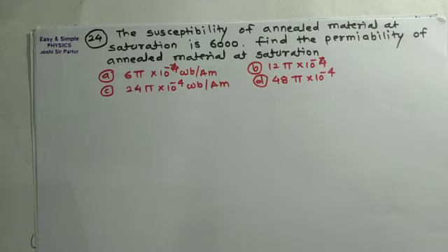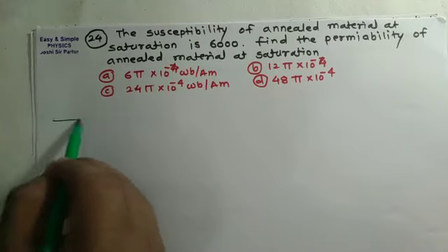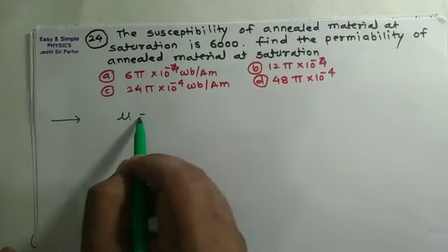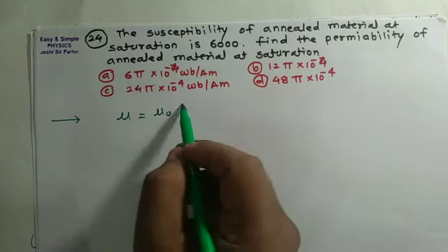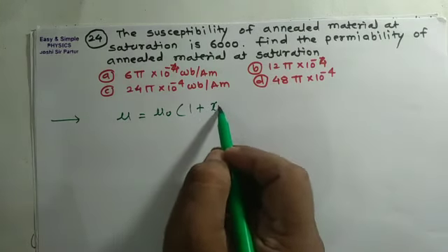Again, let us solve another example: the susceptibility of annealed material at saturation is 6,000. Find the permeability of annealed material at saturation. Here we can use that permeability is equal to permeability of free space multiplied by bracket 1 plus xi m.